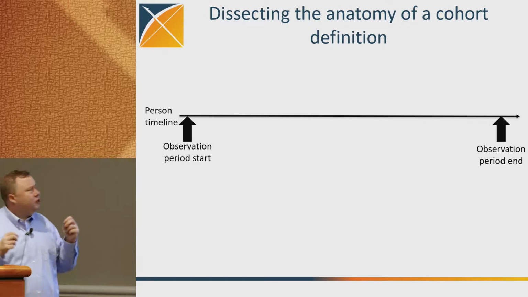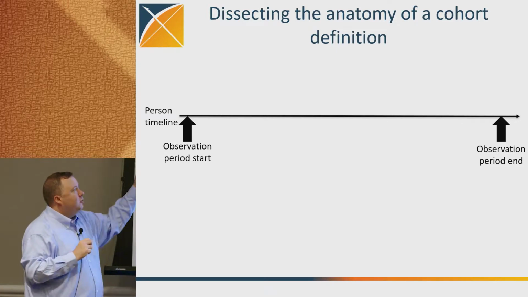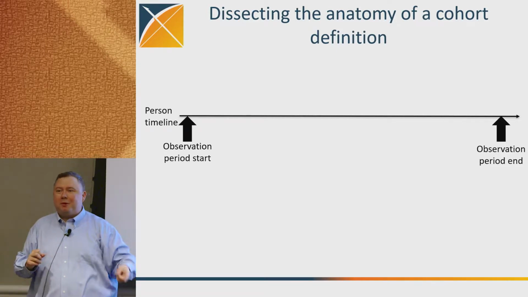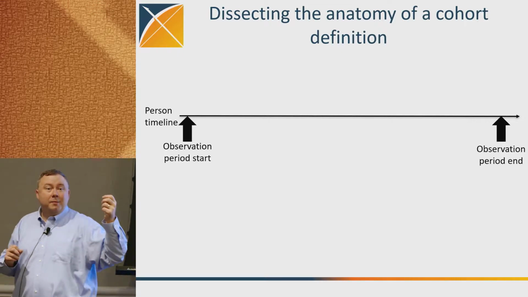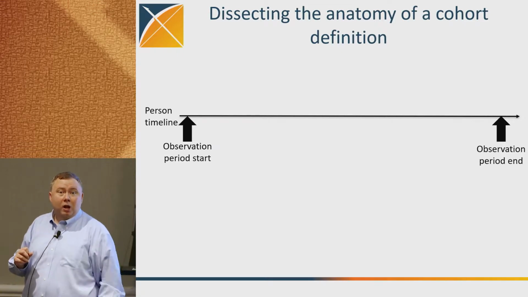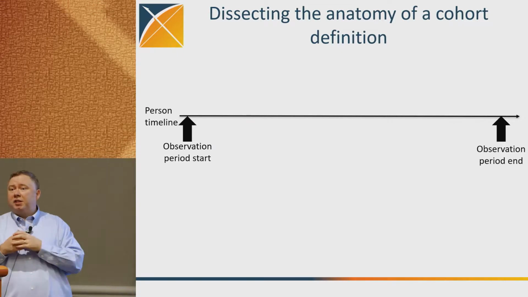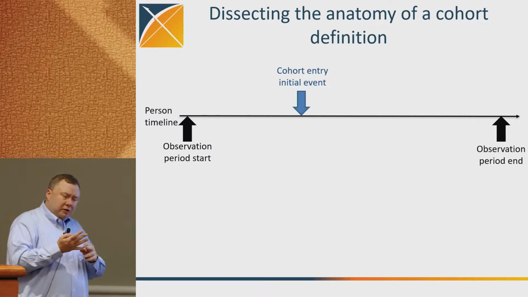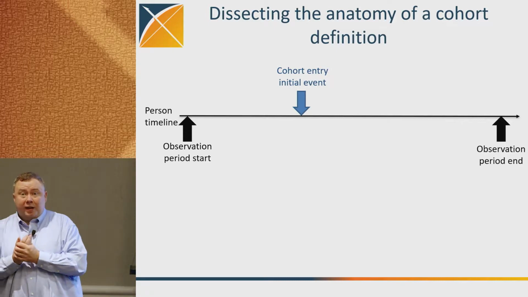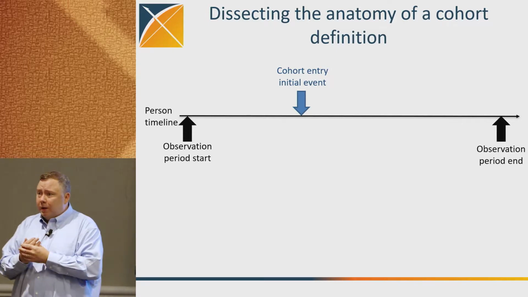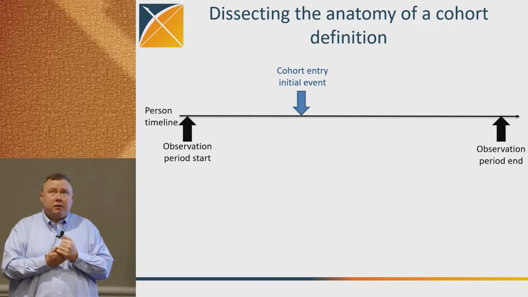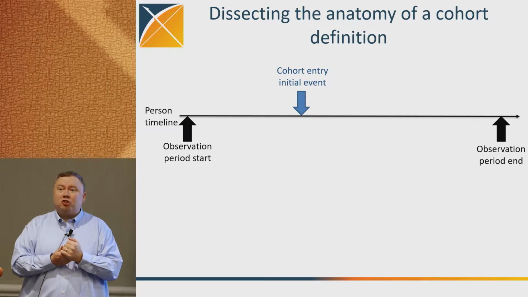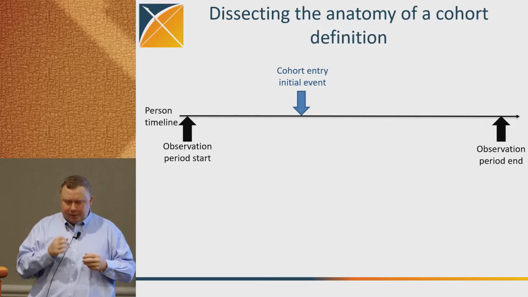And what we're basically doing, for any cohort definition, is asking the question, during this time horizon, when are the moments in time that you actually qualify for this cohort, and when are the times that you don't? And to do that, there are building blocks, and Chris is going to walk through actually how to implement these in Atlas. But there's a way that we think is a good way to structure how to think through this problem.